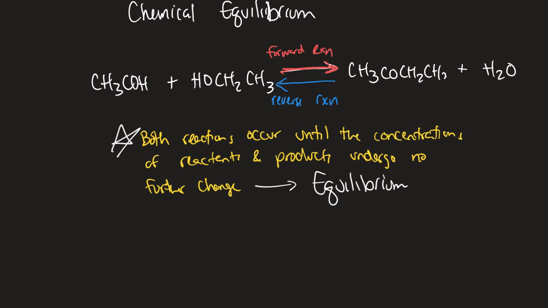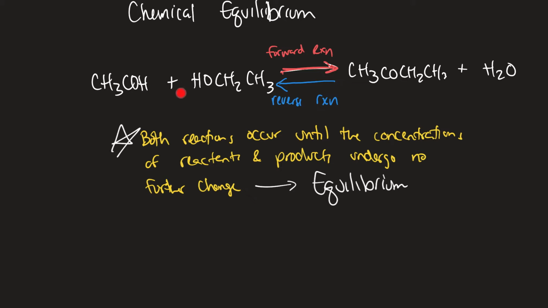Now, equilibrium doesn't mean that the concentrations of the reactants and the products are the same. No, it just means that they have both reached a concentration where, as the forward and reverse reactions continue to take place, the overall concentrations of reactants and products are no longer changing.